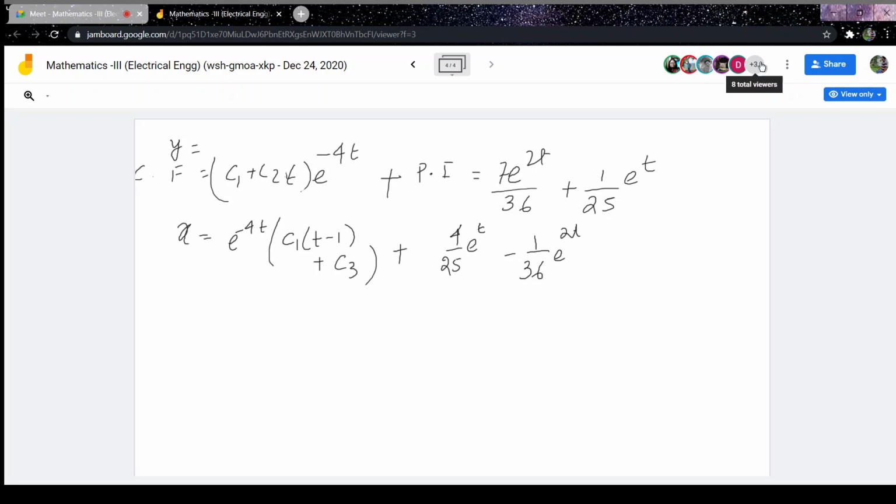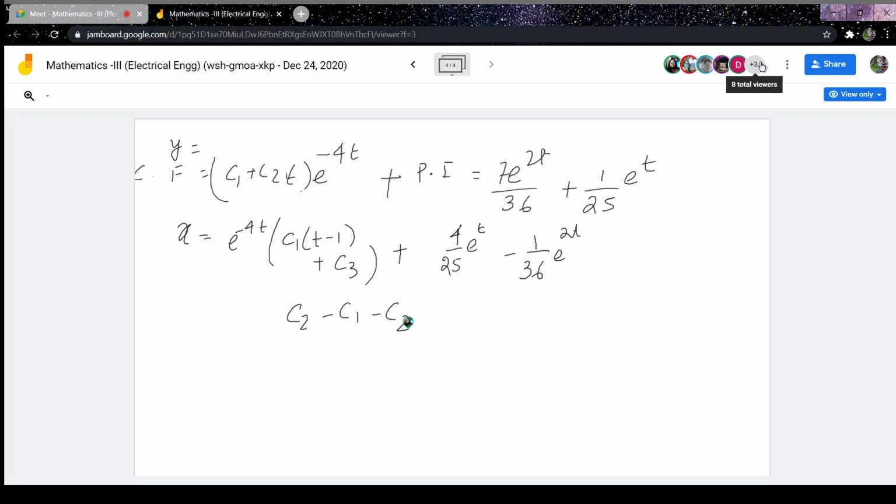Okay, this x will be this particular integral, and e to the power minus 4t times c1 t, and this is minus 1, so minus c1 and plus c3 may be another constant. Is it C2 minus C1 minus C2 t?